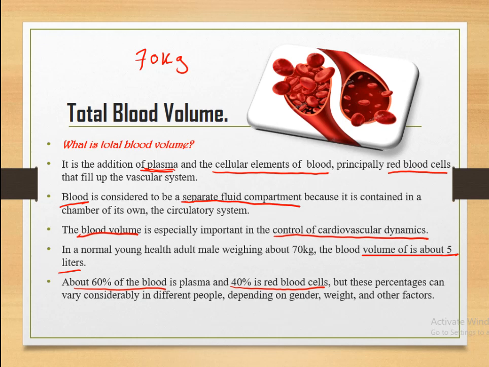So this volume or this percentage varies depending on the gender. You find that there is a significant difference between a female and a male. You need to understand that males tend to have more blood volume than females, and these components such as plasma and red blood cells also follow suit.